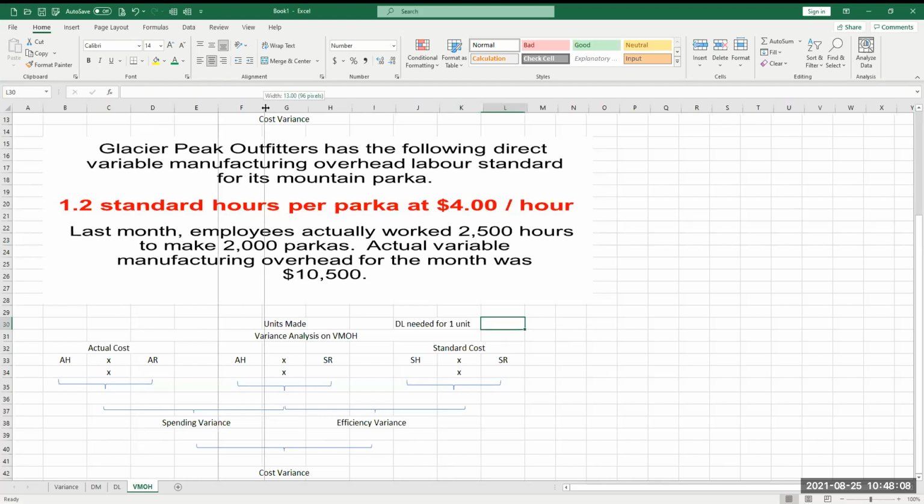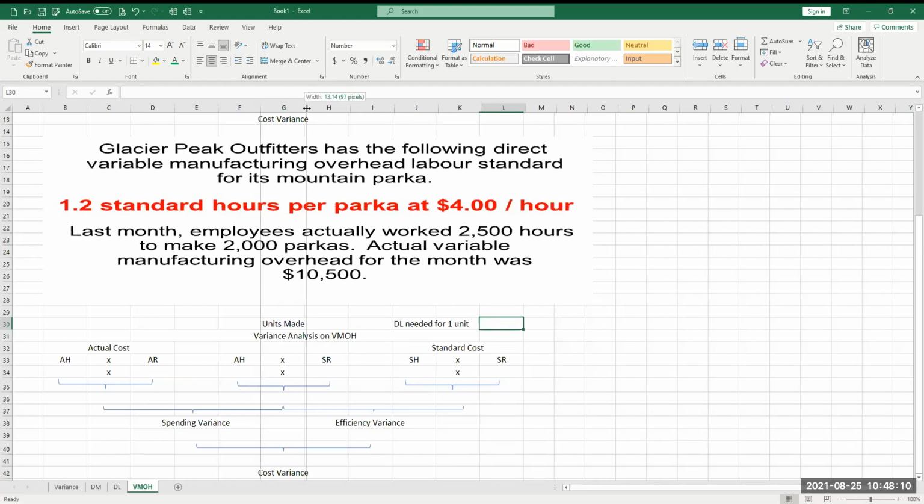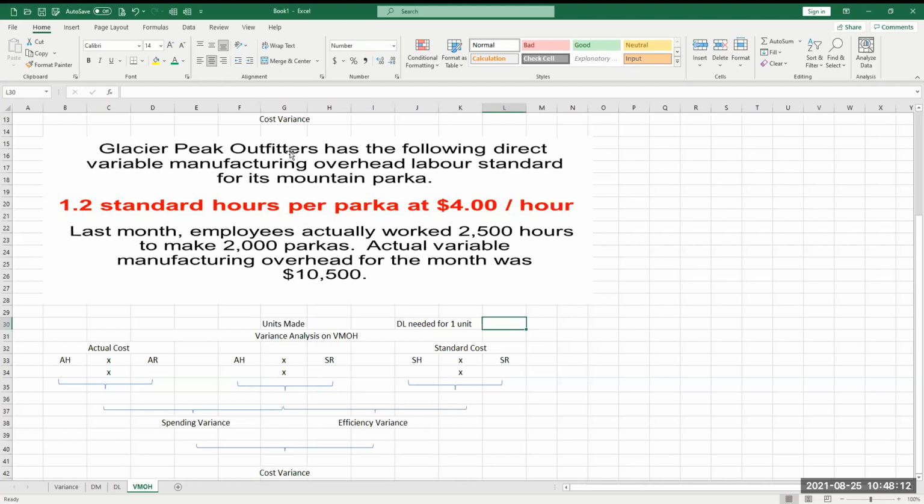First things first. This company has the following direct variable manufacturing overhead labor standard. So the variable overhead is allocated based on the direct labor hour standard: 1.2 standard hours per one parka at $4 per hour.